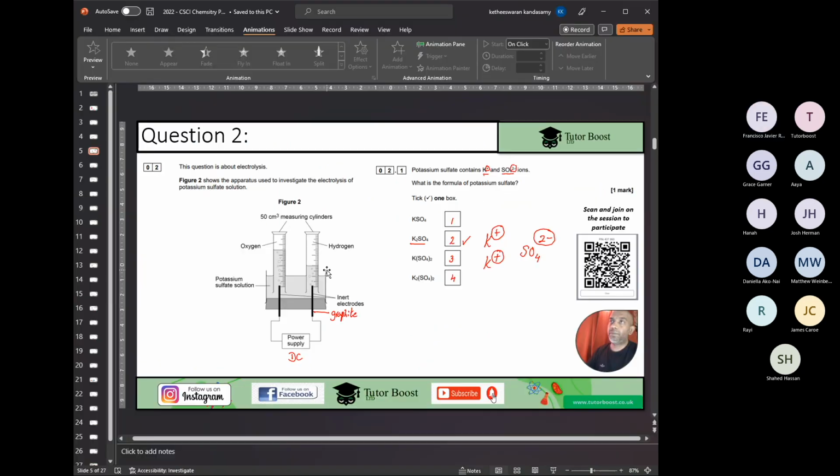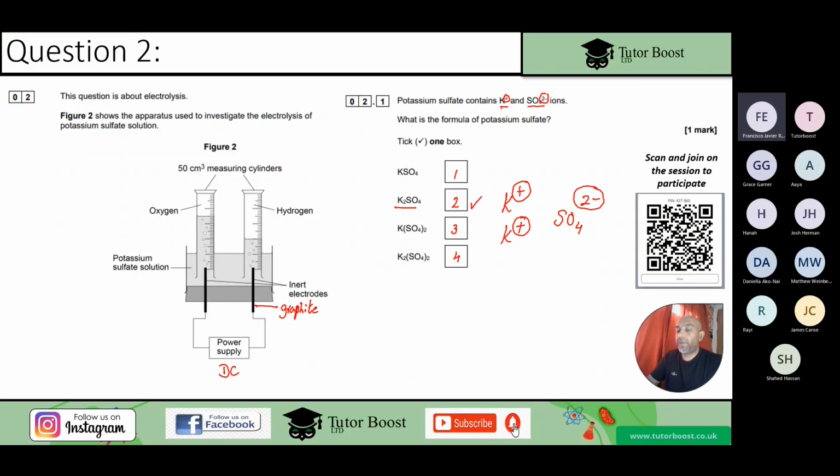30 seconds. Grace, have a look at it again. So when you're looking for the volume of oxygen and hydrogen, you need to look at the values from the top over here. So from there, that's where you take 0 and measure it downwards, not from here, because this is water.